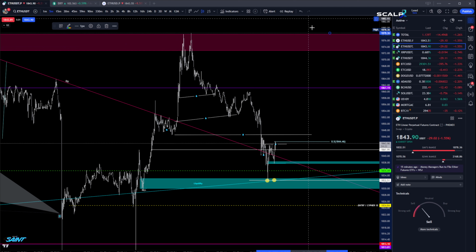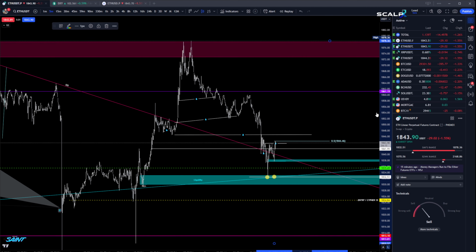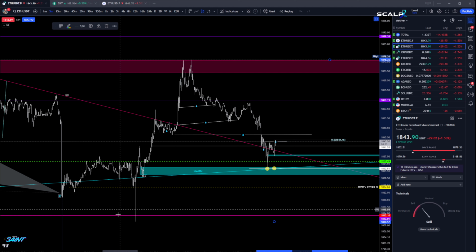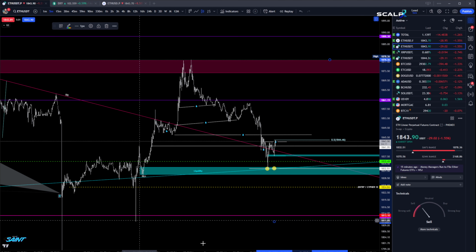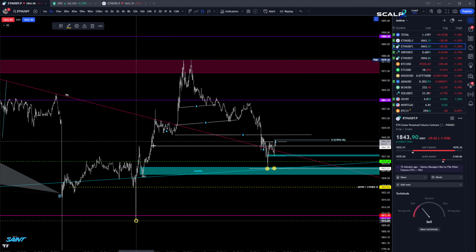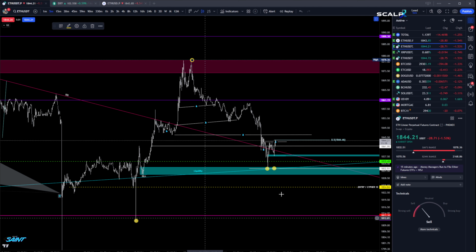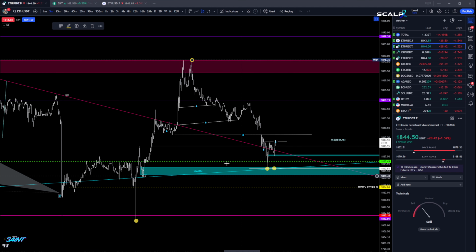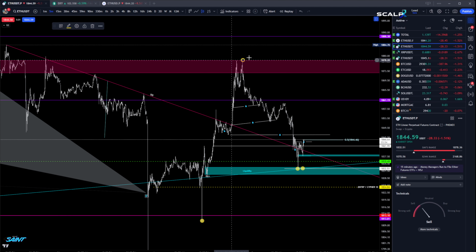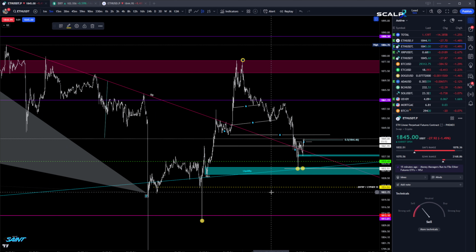It's measured from this top right here, to this bottom, right over here. Right? That's your internal structure, if you will. So this is your high, and then this is your low for this internal structure.